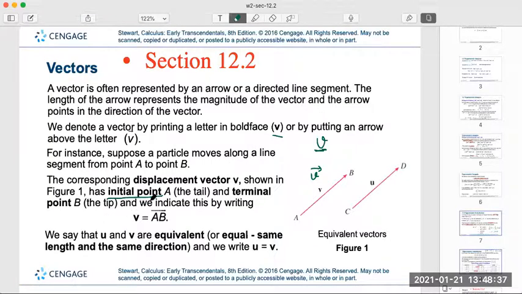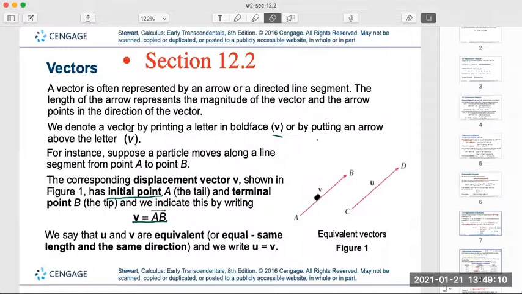And okay, vector V is defined as AB, where A is the initial point and B is the terminal point. So here in figure 1, vector AB and vector CD are equal. One more important thing about a vector is its direction.